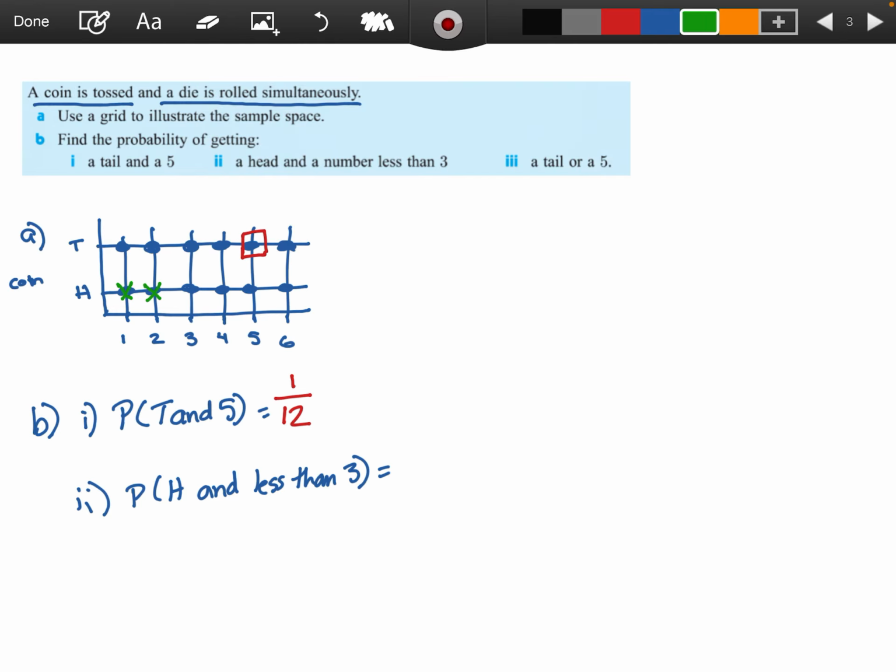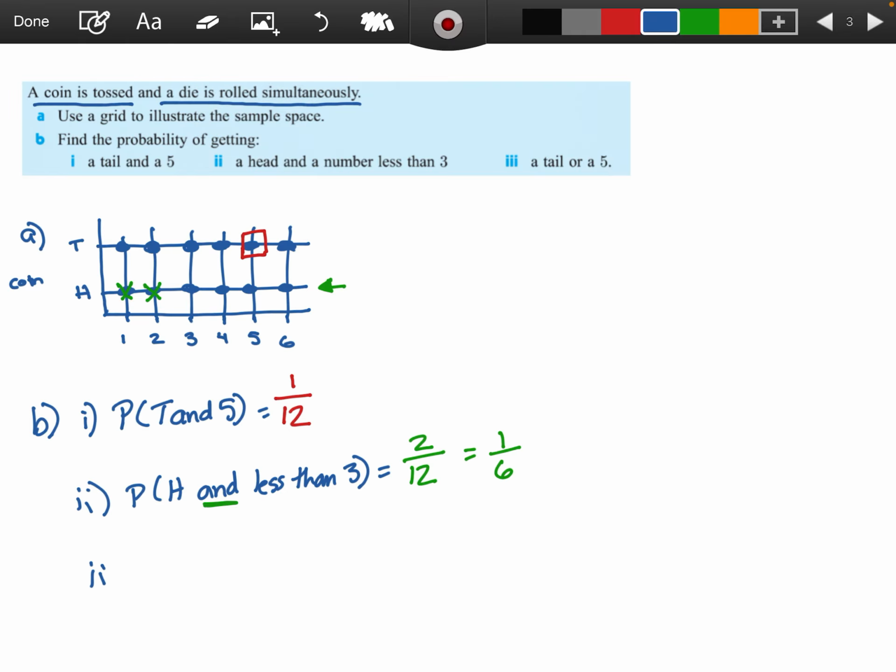This outcome is heads and a 2, which is also less than 3. But if we look just exclusively at the heads outcomes, those are the only two that have a number less than 3. So to get this little tiny word "and," we need both of those things to be true. So there are two outcomes out of the 12 that match the criteria that we're looking for, which is heads and less than 3. So we would reduce that to be 1/6.